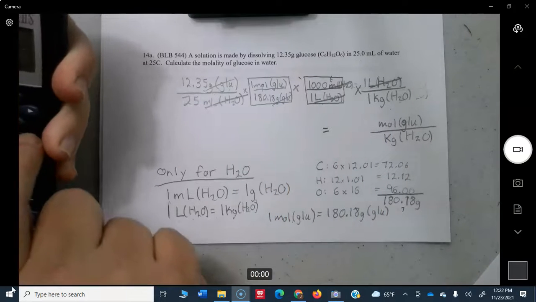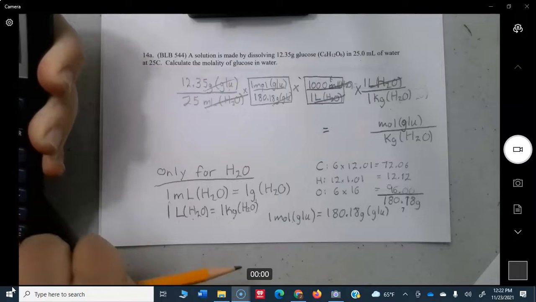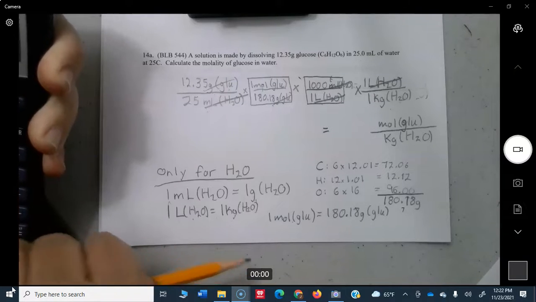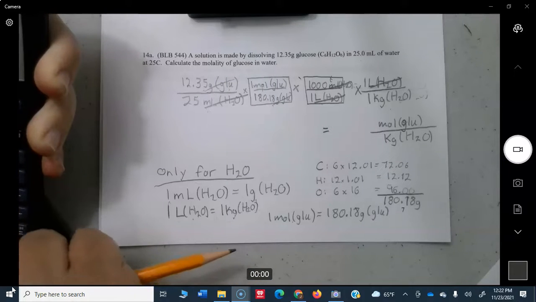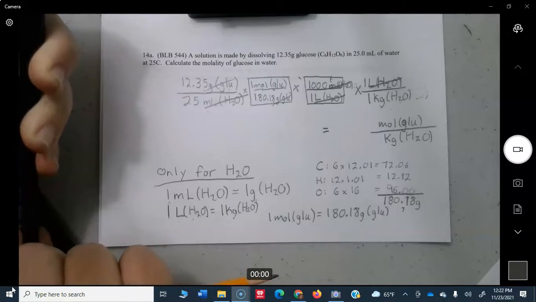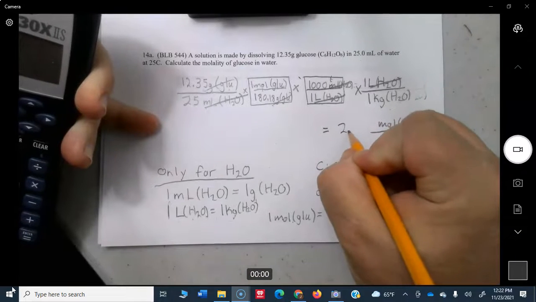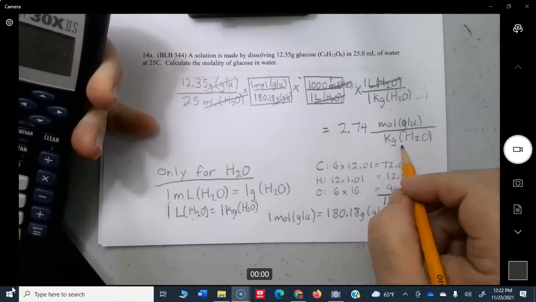So it's going to be 12.35 times 1 times 1,000 times 1. And then you divide that by 25, divided by 180.18, and that gives you 2.74 moles of glucose per kilogram of H2O.